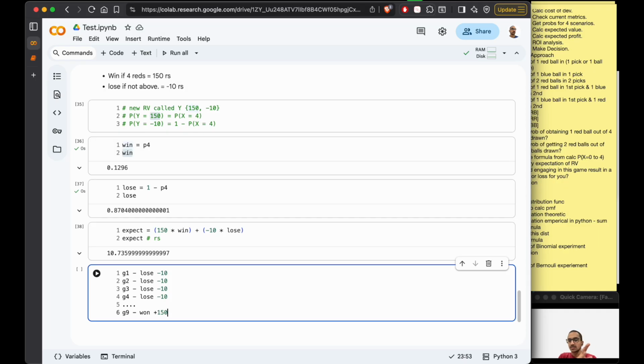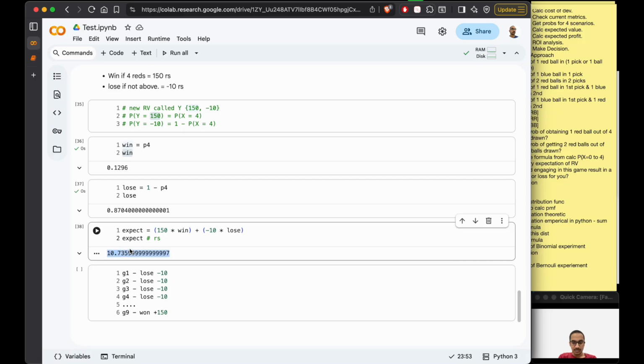So that's how the calculation happens. This is the average. So this 11 rupees is the average win amount per game. I hope that was clear.